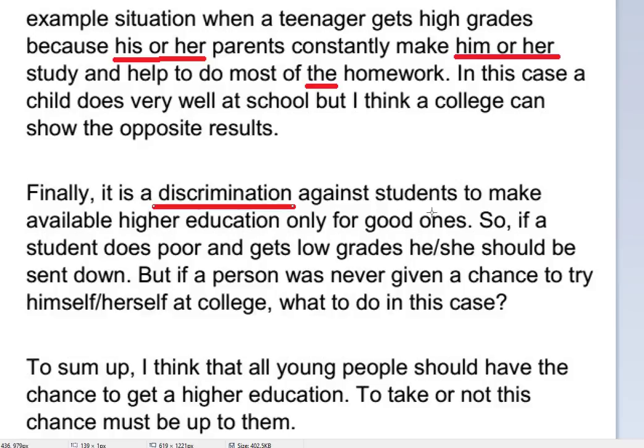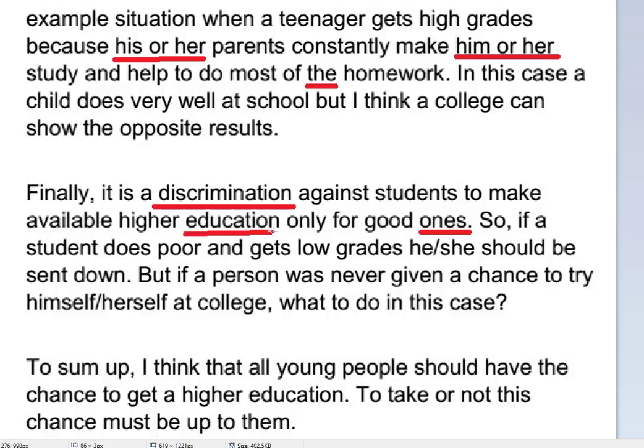It is a discrimination and seems to make available higher education only for good ones. Good ones. This is not a good word choice, because what does this refer to? If you're going to use the word one, I'm going to be looking at the previous noun that was used.